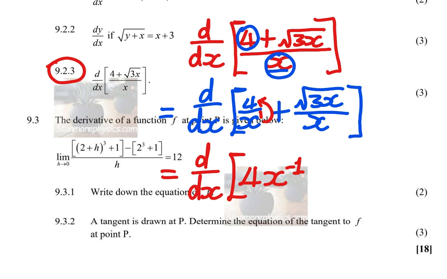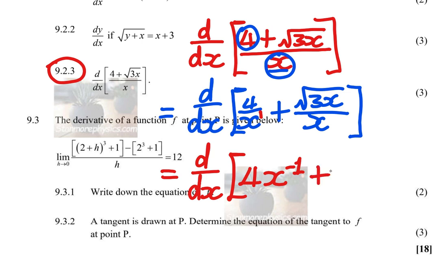Whenever you are moving something between numerator and denominator, all you have to do is change the sign of the exponent. So it will go from positive 1 to negative 1. If you take it back to the denominator, it will change from negative 1 to positive 1. You just have to change the sign of the exponent.